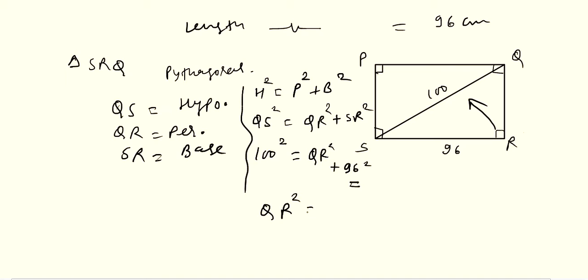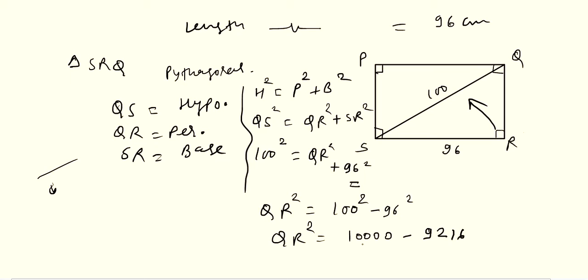So QR square equals 100 square minus 96 square. Finally QR square equals 100 square, 10,000, minus 96 square, 9,216.